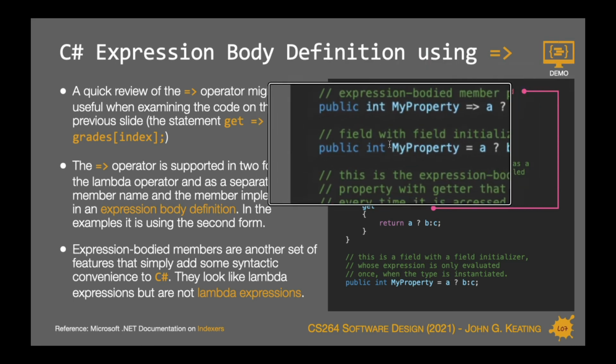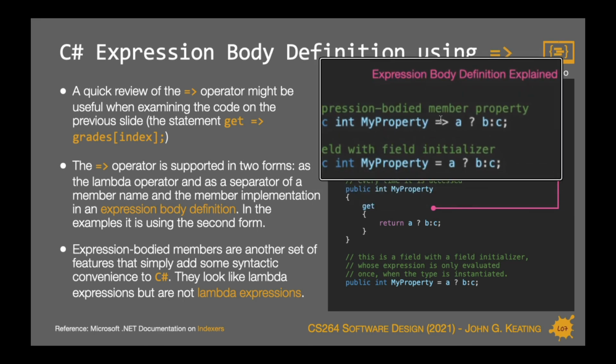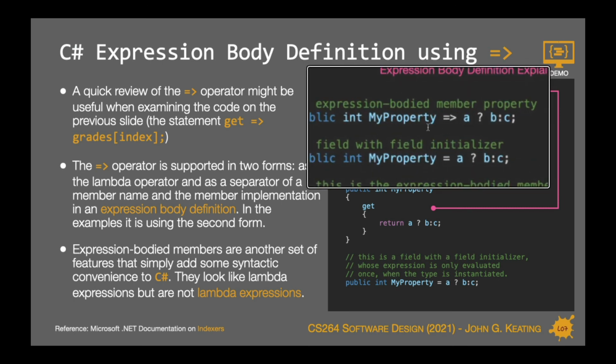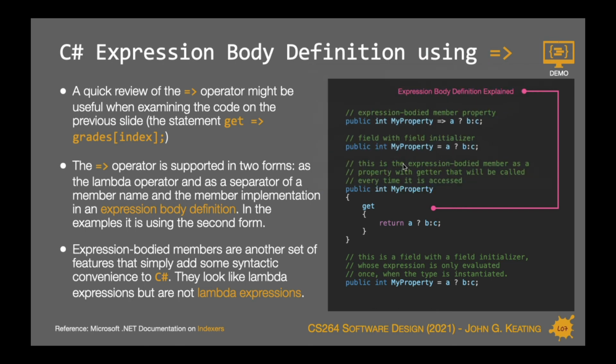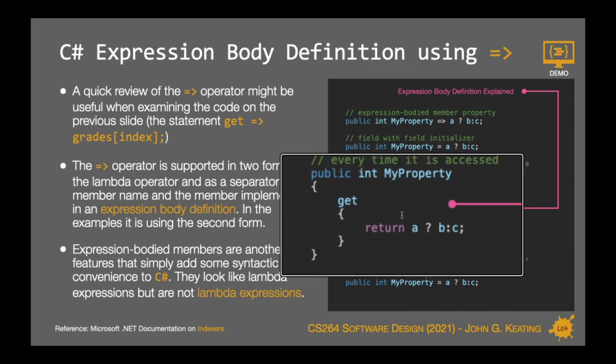Then we have something like, which might be a field initializer, which is we use the equal to sign rather than the fat arrow. Okay. And the difference is, and this is the kind of thing that could come up on an exam, explain this to me, or give me a piece of code that explains this, right? This first line is essentially the same as writing this, okay? Which is setting a getter property for a getter from my property, okay?